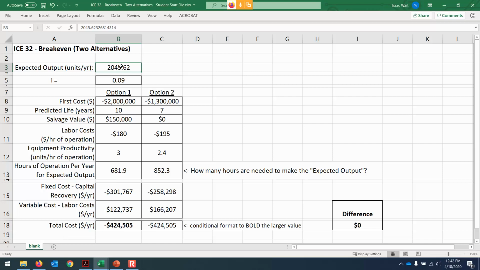So let's see if that's true. 2,047. Okay, option 1 is a little bit cheaper, but if it's 2,045, then option 2 is a little bit cheaper. So that verbal statement describes under what circumstances one option is better than the other. Alright, so that is break-even between alternatives.